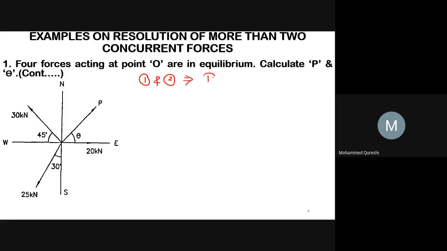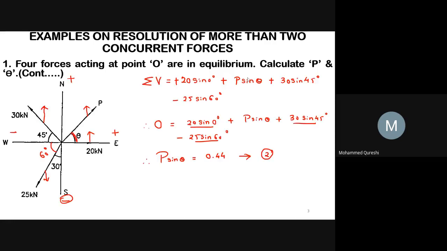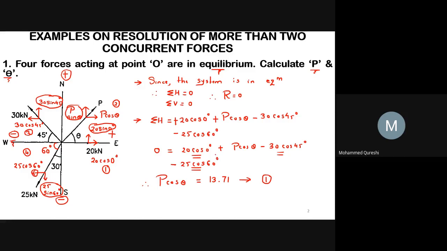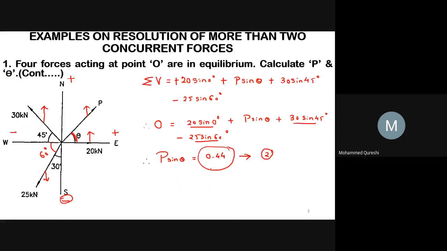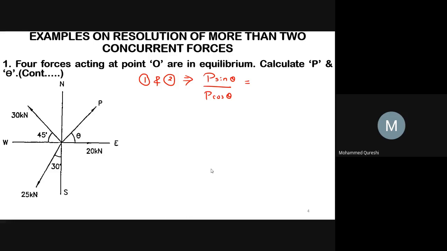P sine theta upon P cos theta equals the value of P sine theta, 0.44, and the value of P cos theta, 13.71. So we will put both the values.